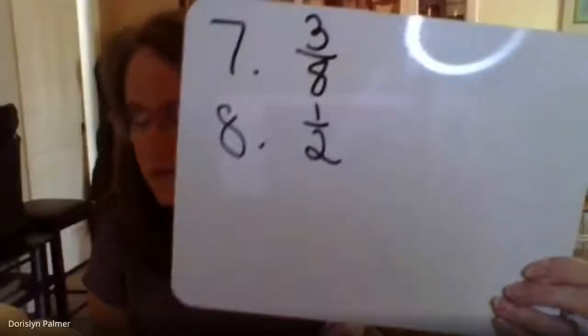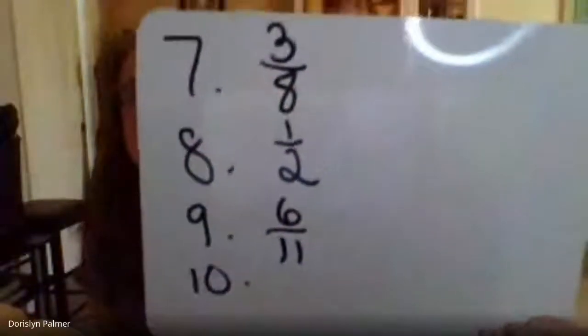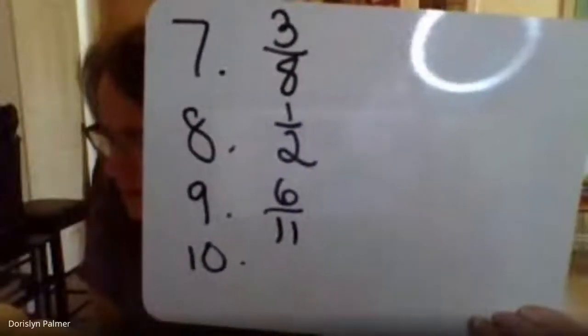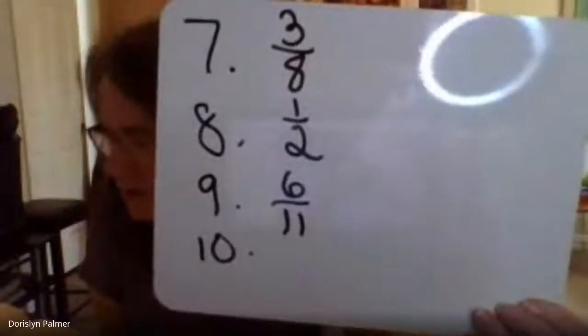Hold on one second. I'm getting my book. Well, I don't want to wait for that. Let me go back to Pia for number 9. 6/11. Good. Number 10, Lily. You have to unmute, Lily. 10/24.